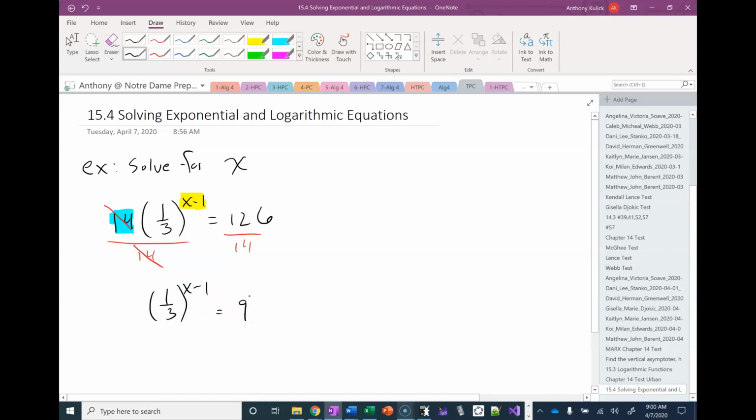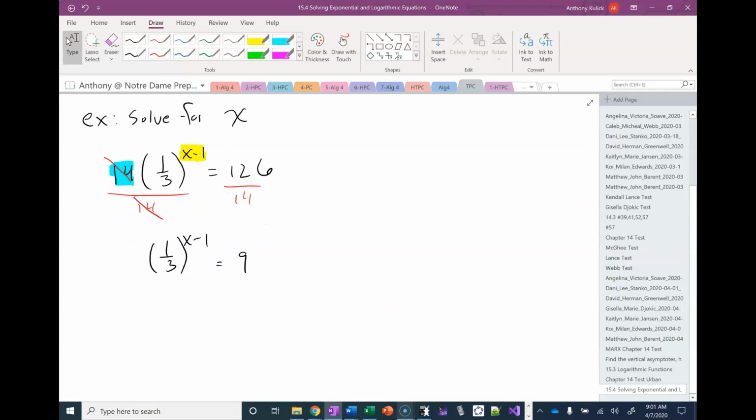And now there's a couple of different ways you could approach this. One way, you could rewrite 1/3 and 9 so that they have the same exponential base, which is fine. What I prefer to do is just use a logarithm to deal with the situation. It's a little bit more powerful than you need in this situation, but it works, and I think it makes life a little bit more simple.